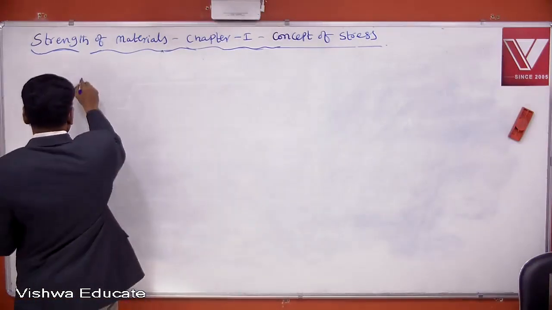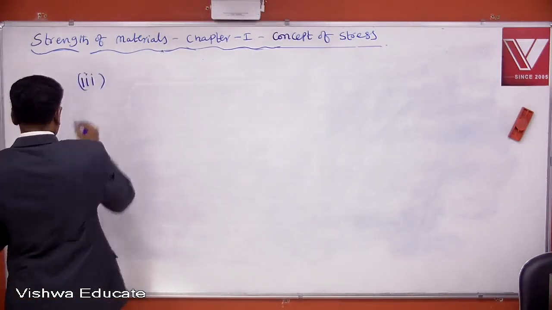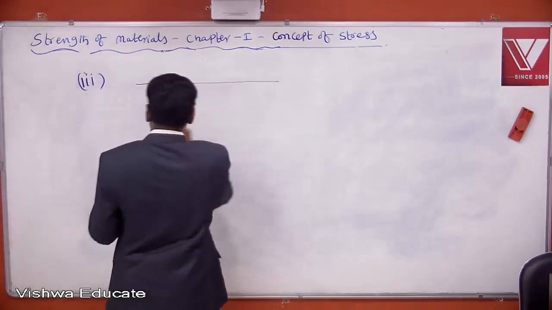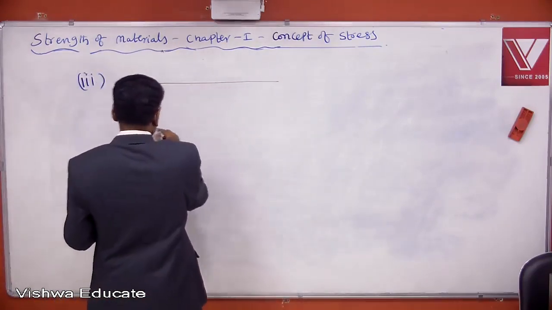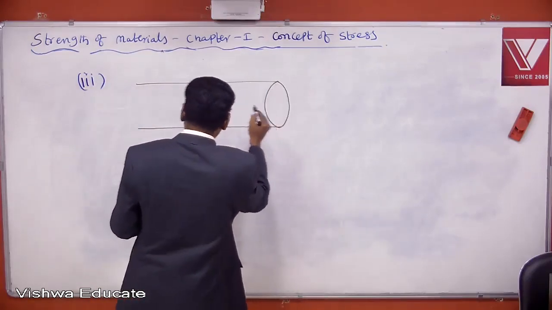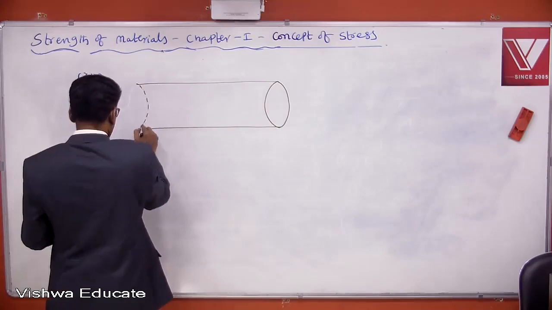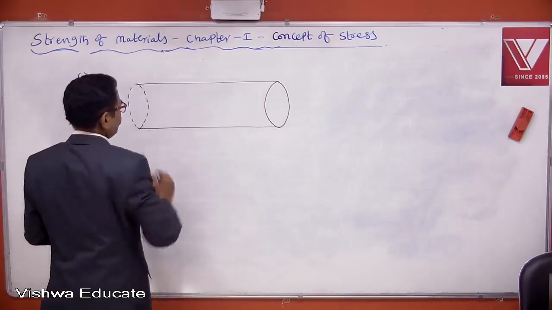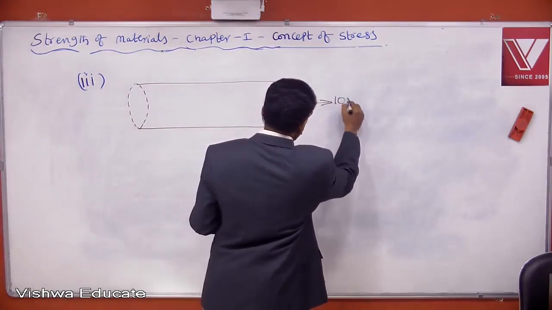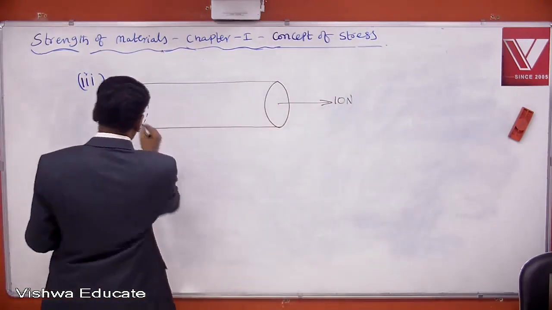Again, the third case. So I am drawing a uniform cylindrical bar. This bar is carrying an axial tensile force of 10 newtons on both ends.